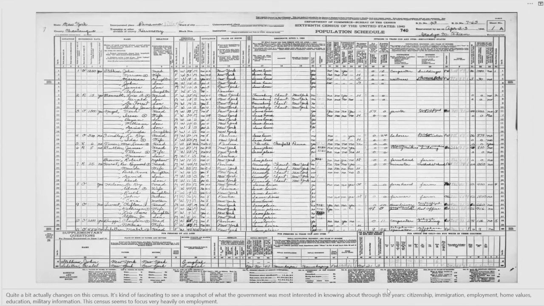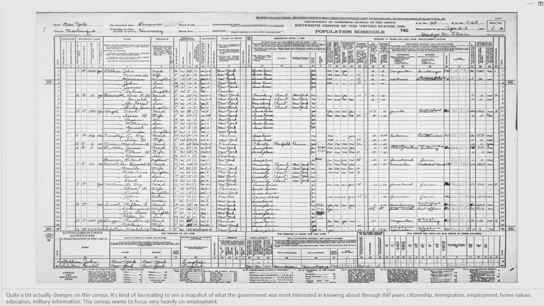So like I said, quite a bit actually changes on this census. It's very fascinating to see a snapshot of what the government was most interested in knowing throughout the years. We've covered citizenship, immigration, employment, home value, education, military information, so on and so forth. This census focuses pretty heavily on employment for obvious reasons. Again, we are just starting to kind of sort of climb out of the Great Depression.